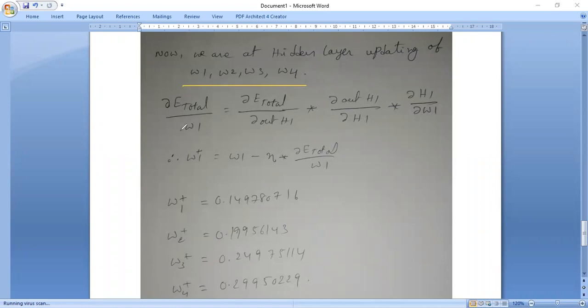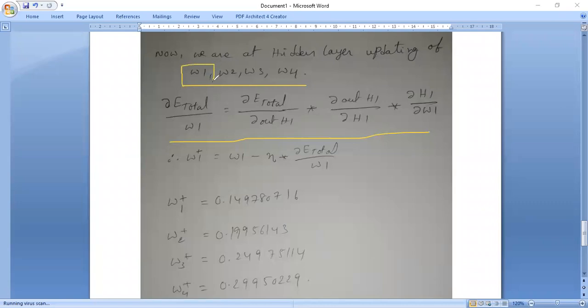So for this we have the formula. Suppose we take the first edge, W1. Now we are going to calculate the error rate at W1.